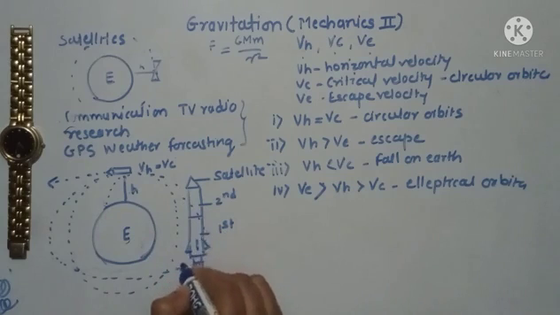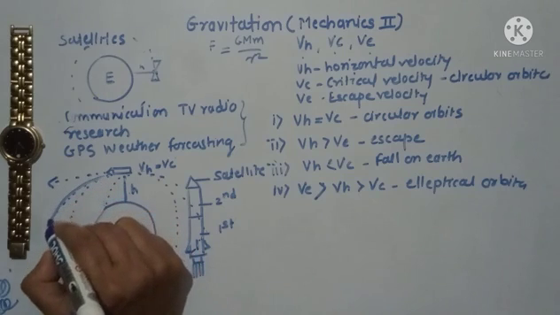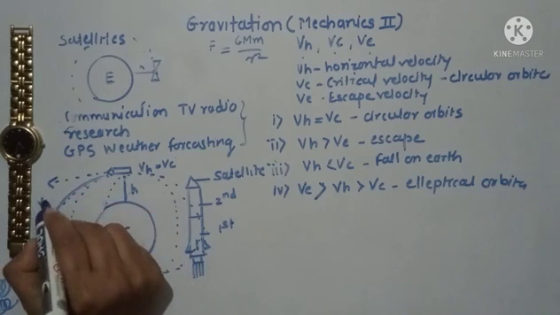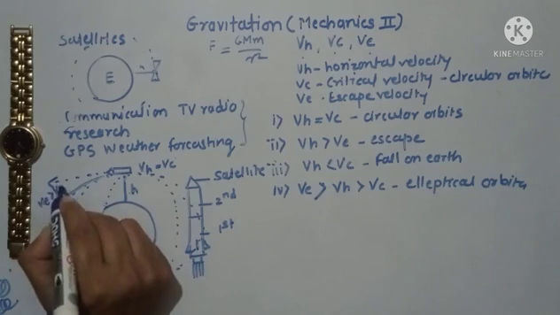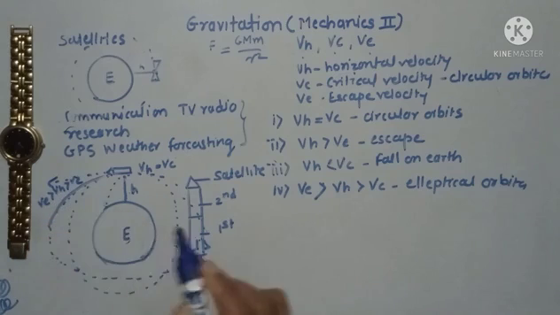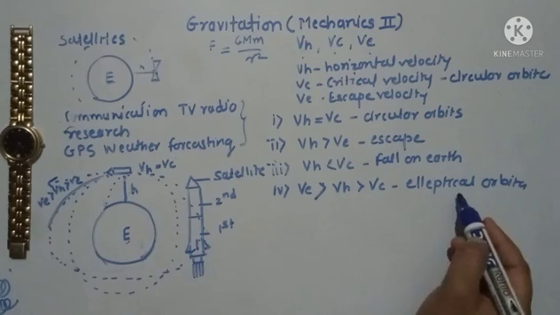So this will be the situation. So it may follow the elliptical orbit. So this is the situation when this ve is greater than this vh but vh is greater than this vc. So at that time the satellite will follow the elliptical orbit.